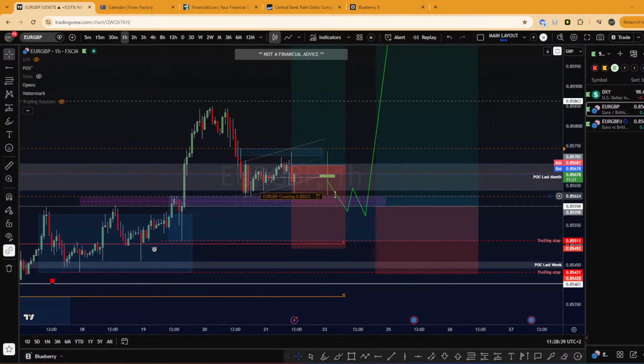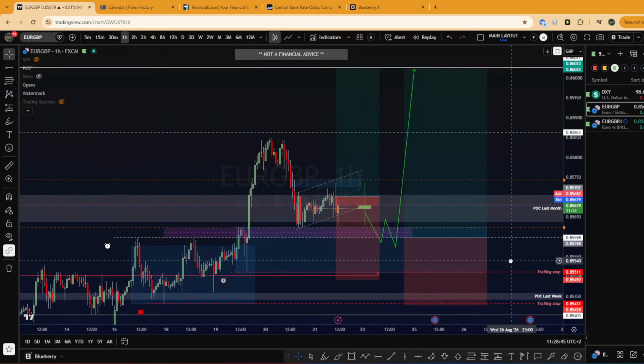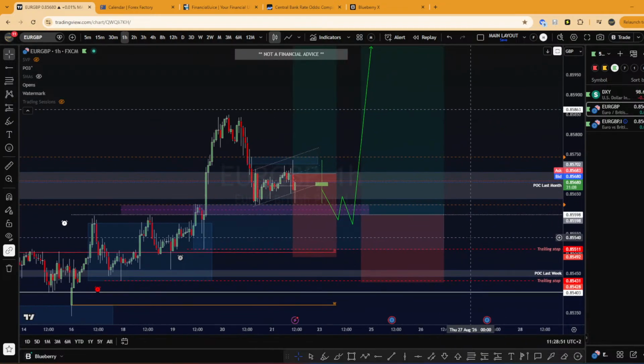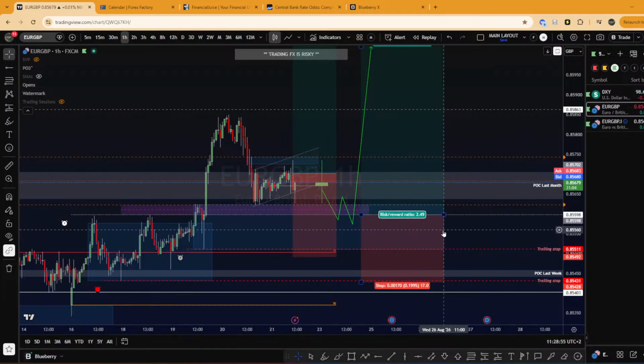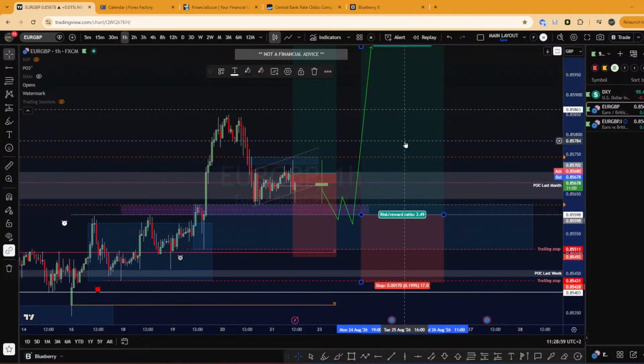I mean, I want the price to trigger my other entry here. Because this could potentially be the trade of the next week, why not add another position?